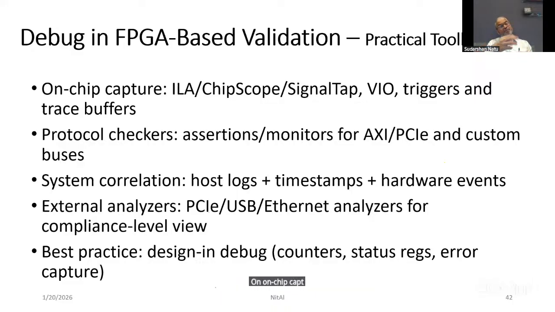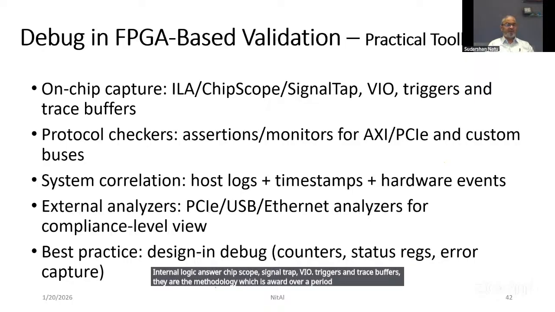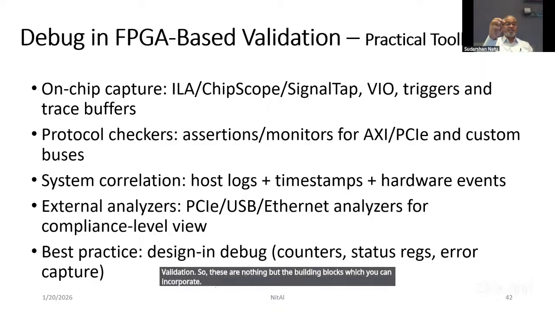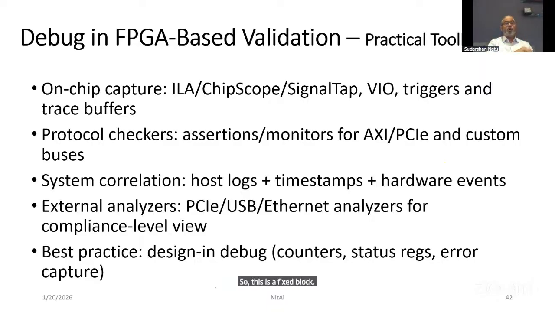So there are some methodologies developed for on-chip capture. They are called ILA, that is your Integrated Logic Analyzer, ChipScope, SignalTap, VIO, triggers and trace buffers. They are the methodologies which evolved over a period of time in FPGA validation. So these are nothing but building blocks which you can incorporate. This is a fixed block. When you incorporate it, it consumes certain area.